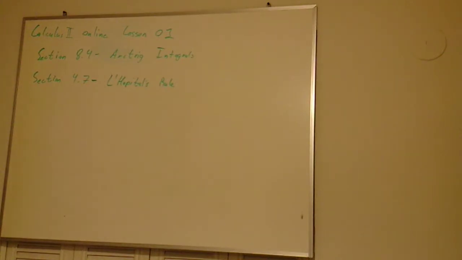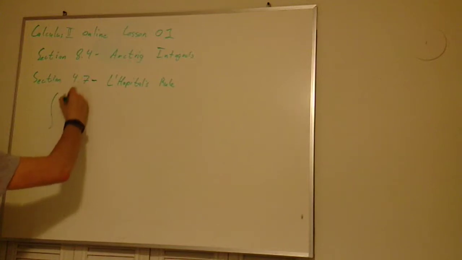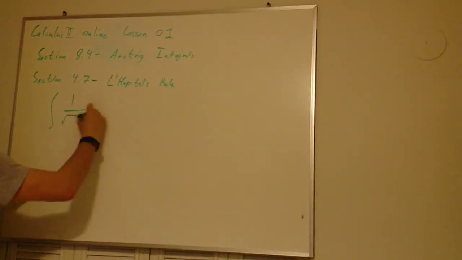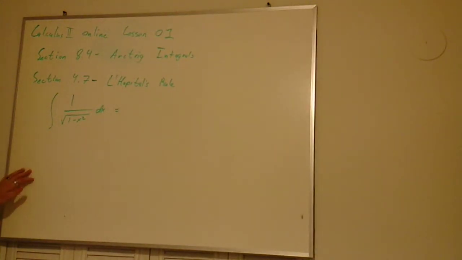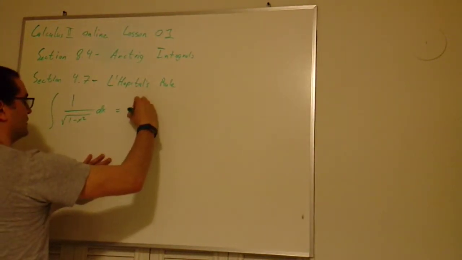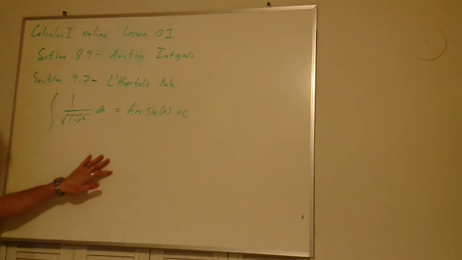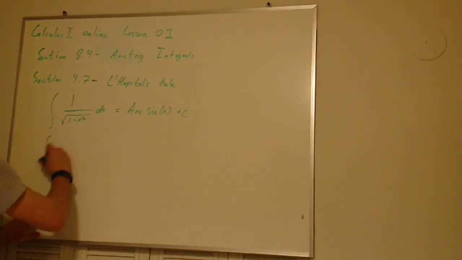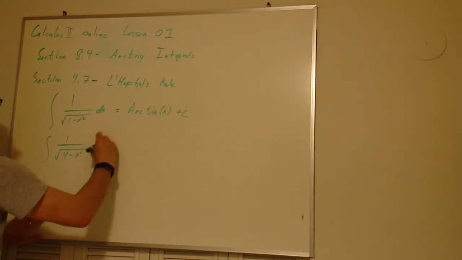So, arc-trig integrals. We talked about the integral of 1 over the square root of 1 minus x squared. We talked about how that was the arc sine of x. And we also talked about the integral of 1 over the square root of, I think, 4 minus x squared.